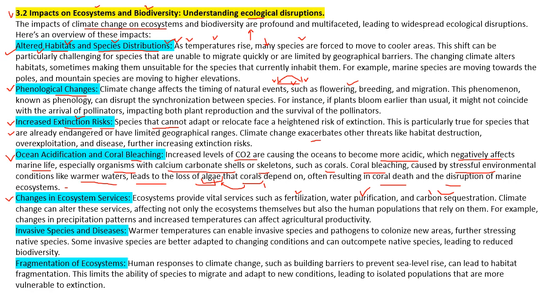But if ecosystem change occurs, this carbon sequestration will be lessened. So climate change will alter these services, and ultimately it will affect the human population which relies on the services of the ecosystem. It will affect the precipitation pattern, and the temperature increase will affect agricultural productivity.